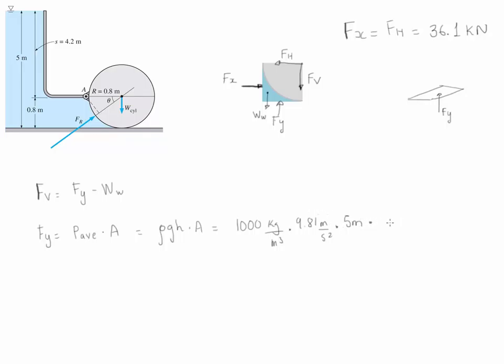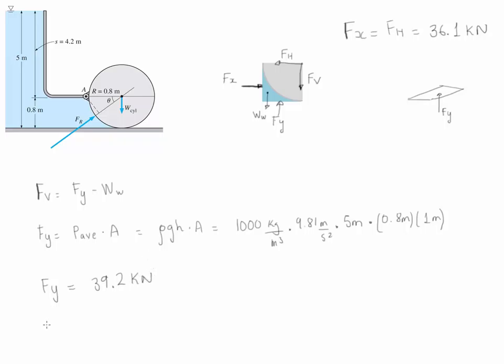The area is going to be equal to 0.8, which is the radius of the circle, which corresponds to this section over here, times the depth, which we take to be 1 meter. Therefore, the value of Fy is simply going to be 39.2 kilonewtons.